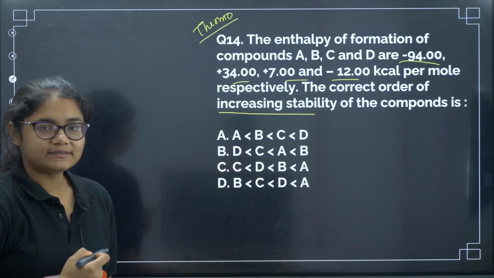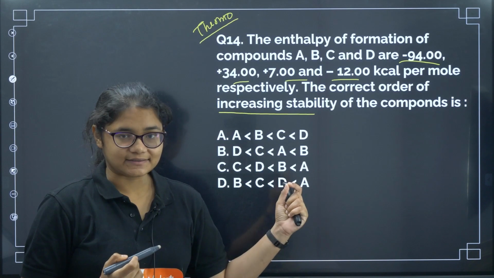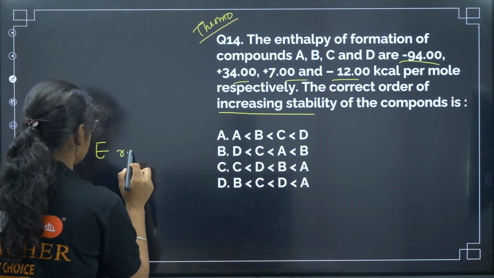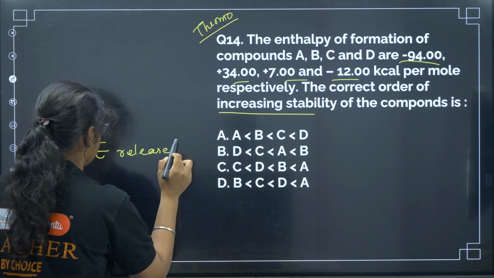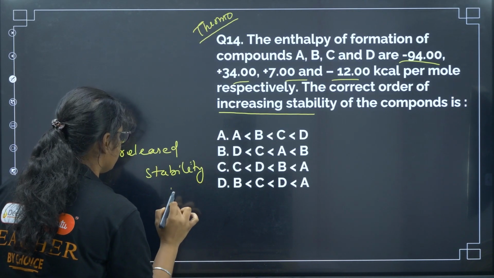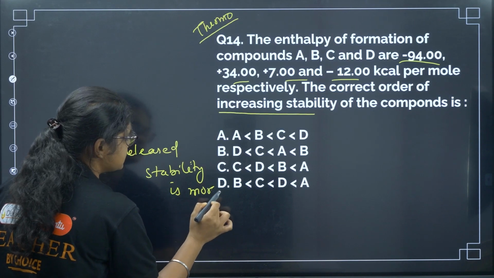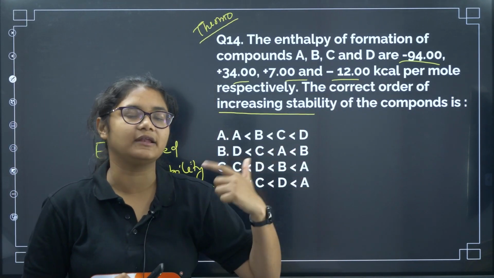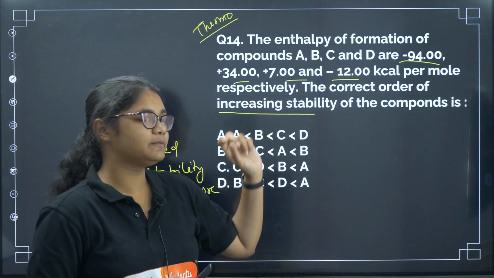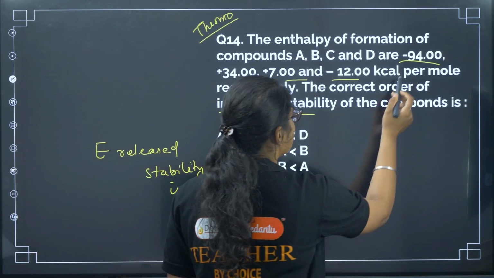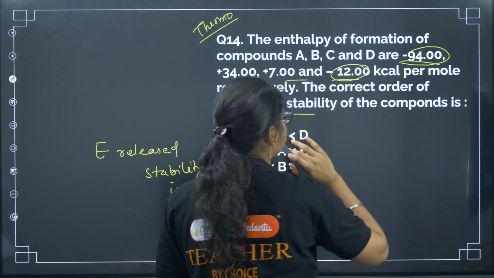So here you have to understand, if energy is released, that means stability is more, right? Now how to know where the energy will be released? The compounds where the formation enthalpies are negative, their energy is released, and where the enthalpies are positive, their energy is required. So definitely what we can say is -94 and -12 will be coming first.